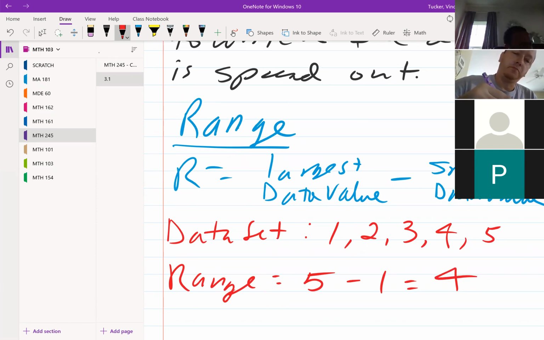So your range is just as simple as that.